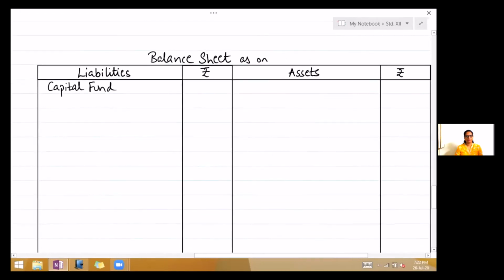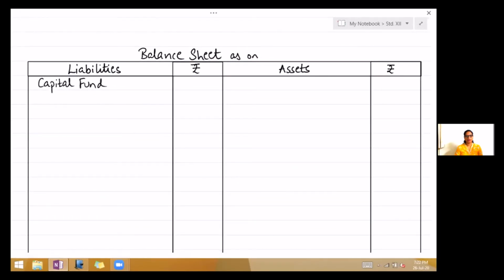In second part of the page, you can write balance sheet as on 31st March 2020. Write liabilities, assets, and the first balance on the liabilities side is your capital fund. Now, we have not been given capital fund. We read the whole problem, but capital fund was not given.